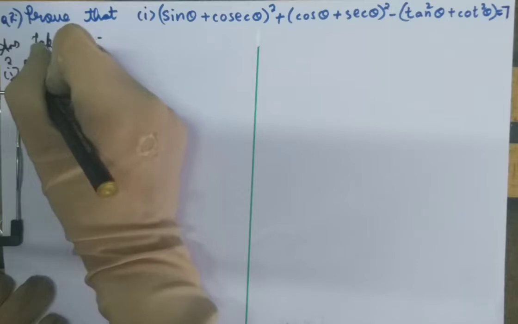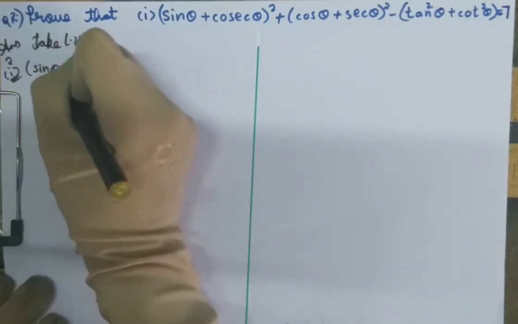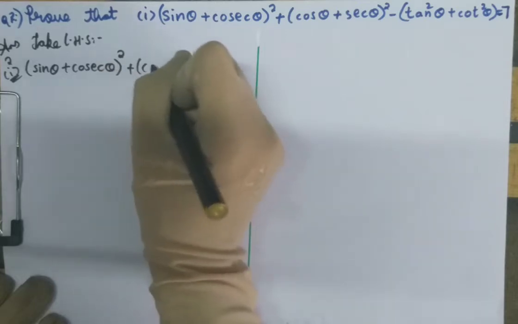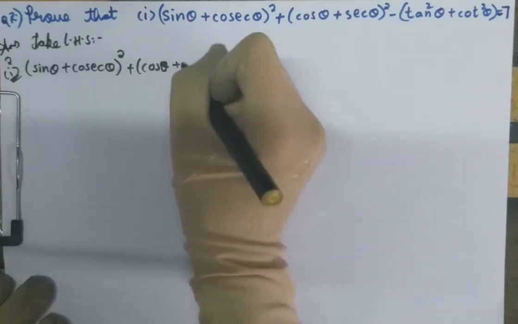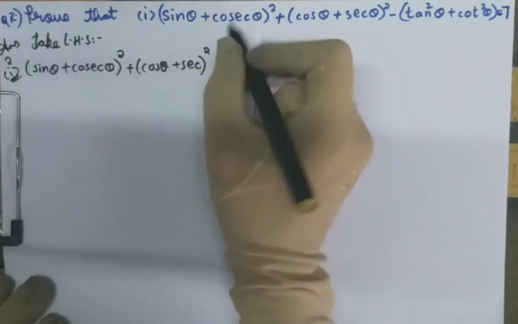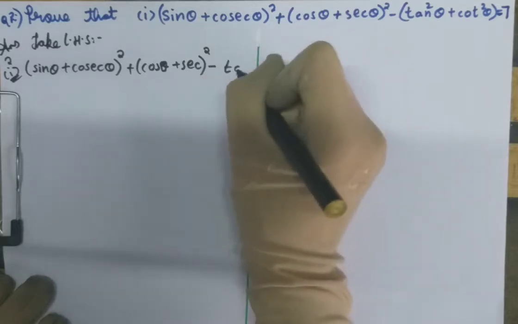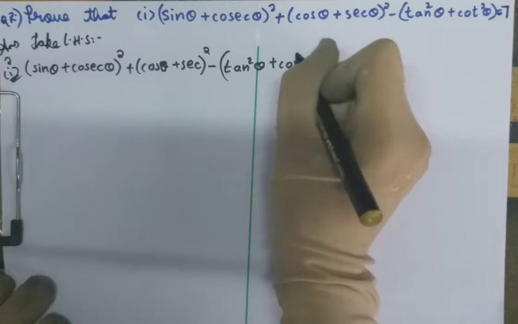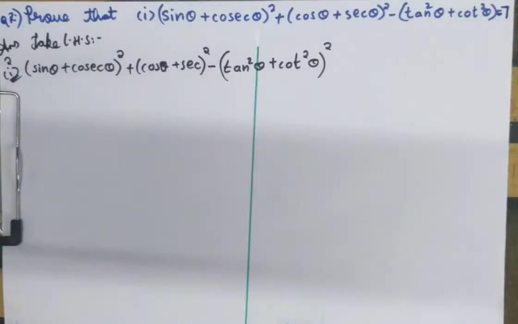What is my LHS here? (sin theta + cosec theta)^2 + (cos theta + sec theta)^2 - tan^2 theta - cot^2 theta. This is my LHS.